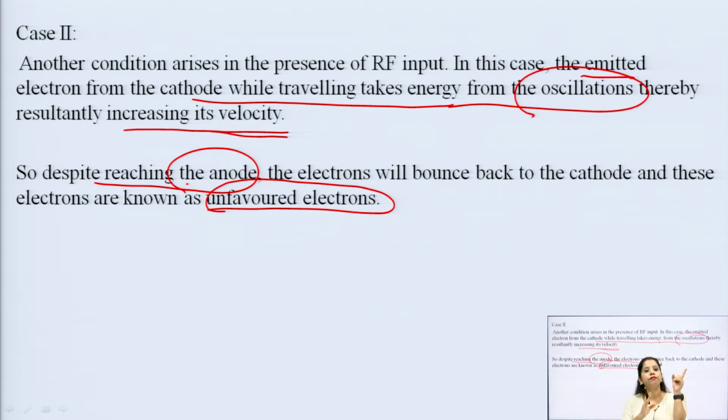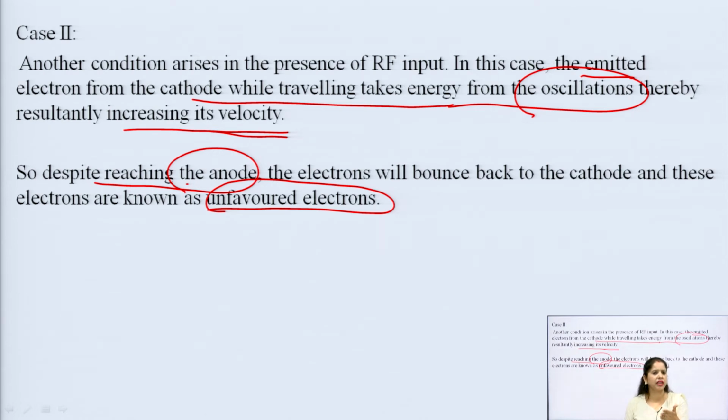The electrons which have low velocity and give rise to oscillation move from cathode to anode, and take much time because they have a low velocity. They are called favored electrons. The electrons which take up energy from the oscillation will have a high energy, and because of the high energy, they bounce back to the cathode.